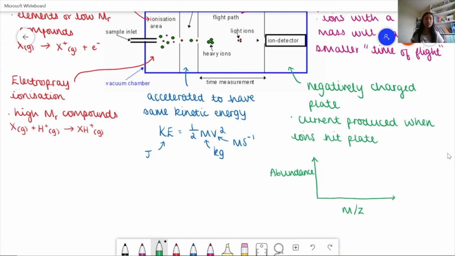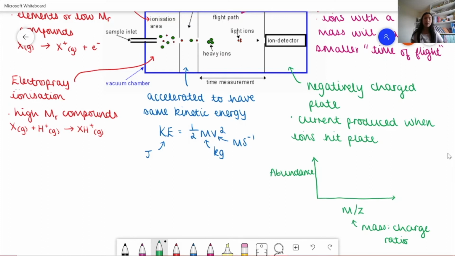And this is actually the mass to charge ratio. But if we say that all of the ions which are formed are 1+ ions, then this m/z ratio will actually just be the mass.